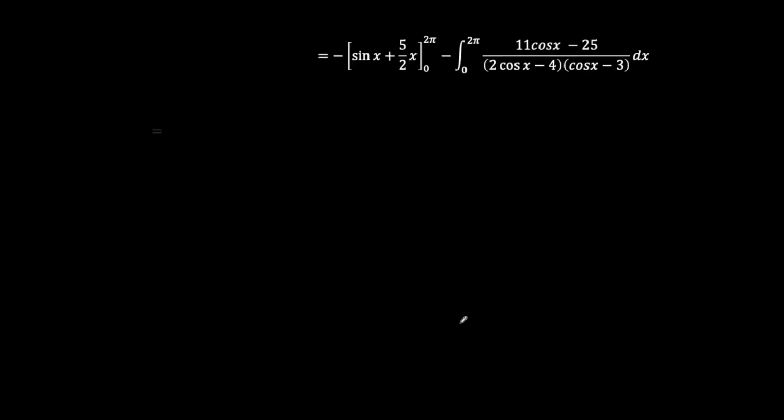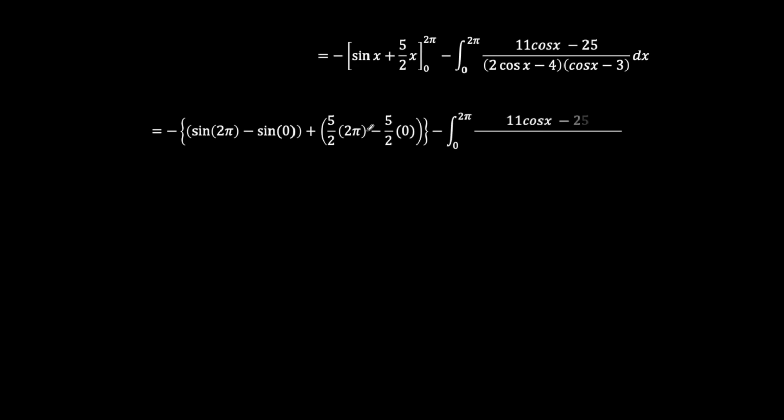So what happens here is that with sine x, sine 2 pi minus sine 0, with 5 over 2 x is 5 over 2 times 2 pi minus 5 over 2 times 0. And so sine of 2 pi is 0, sine of 0 is 0. And 5 over 2 times 2 pi, the 2's cancel, so we get 5 pi, but we have a negative sign there, so it becomes negative 5 pi.